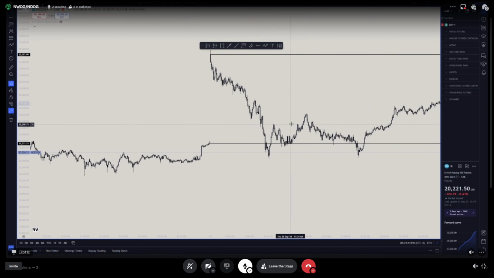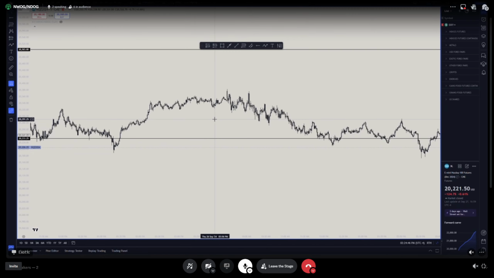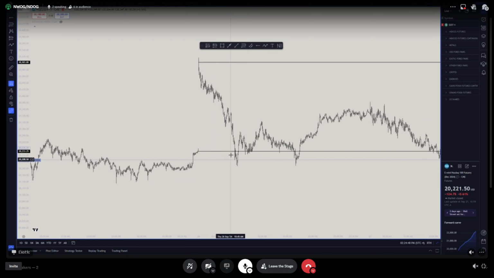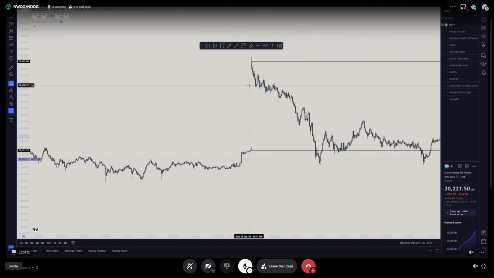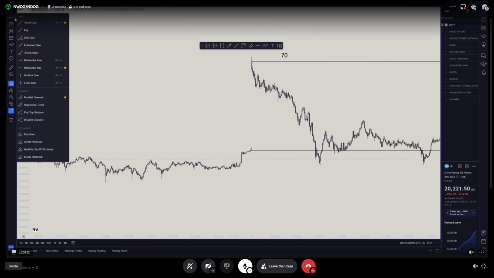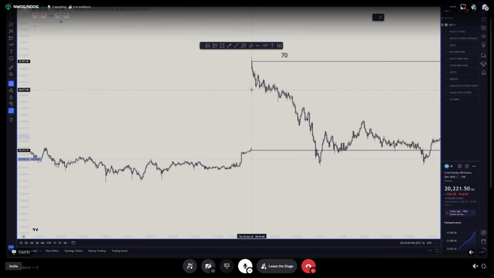Now this will act the same way as any other NDOG or NWOG. It's going to tell price to gravitate towards one of those things, and something that you have a 70% strike rate of happening is that from 9:30 open, 9:30 here to 10 o'clock, this is known as your opening range, this 30-minute window.